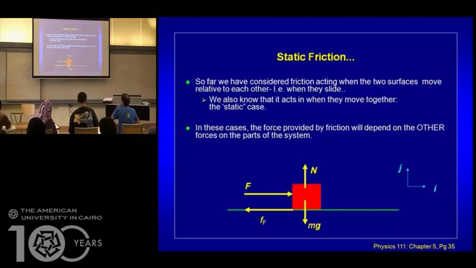Mu equals mg sine theta divided by mg cosine theta, and you end up with mu equal to tan theta.